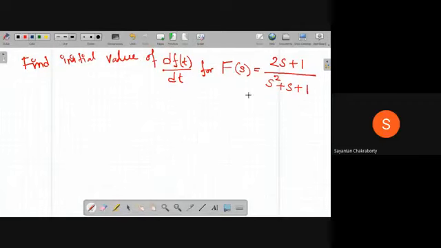So the problem statement is that given F(s) equal to (2s plus 1) divided by (s square plus s plus 1), you have to find out the initial value of df(t)/dt. Right?